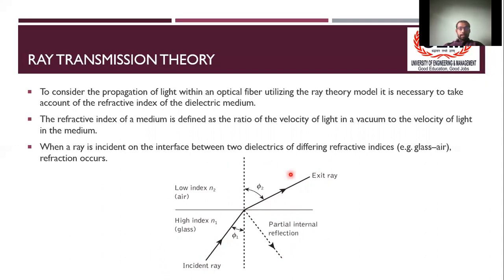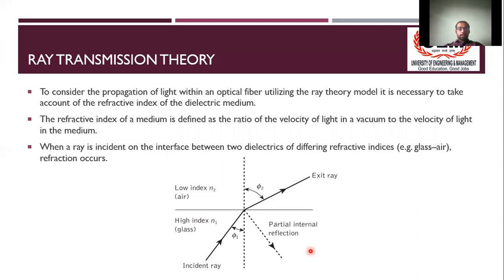Now, considering the case that defines this phenomenon of refraction, we have made our optical fiber, or the fiber optic waveguide, with two different refractive indices. We keep the refractive index of the core very high, whereas the refractive index of the cladding region is low compared to the core region.